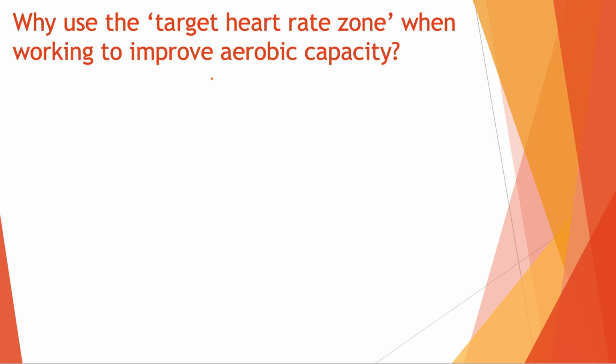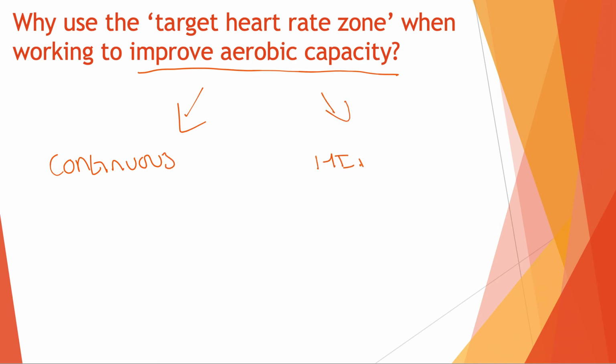So let's think, if we were trying to improve aerobic capacity, what methods would we be using? Well, we would have chosen either continuous training or high intensity interval training, correct? So we already know if we were using continuous training, we'd be wanting to work between 60 and 80% of our heart rate max during the work.